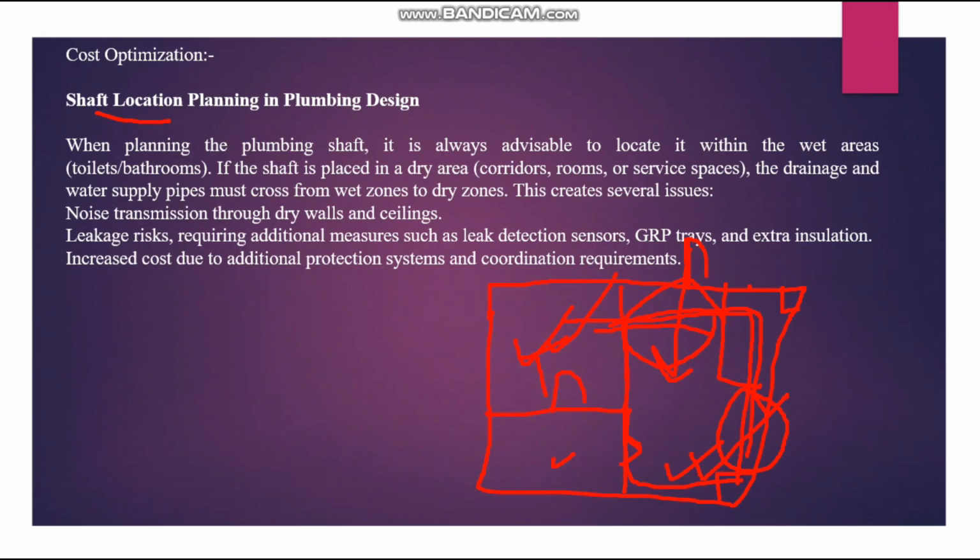Most of the time the authorities or the local client recommend that whenever pipes pass through the dry area, you have some additional requirements, like introducing a leak detection sensor, GRP tray, extra insulation, and soundproof pipe. These are additional costs, and they will increase the pricing. So we would recommend providing the soil stack inside the wet area itself to avoid all these unnecessary requirements and for better performance. So thank you for watching all the videos.